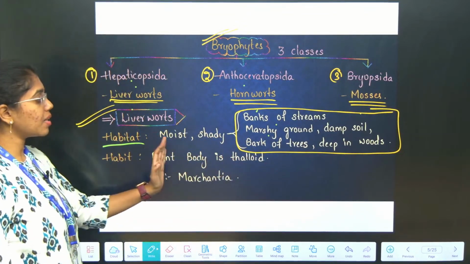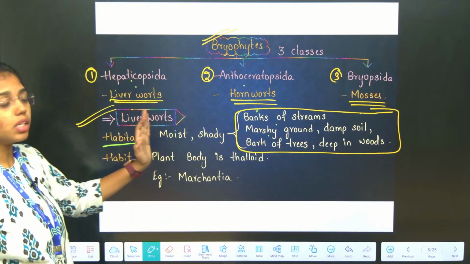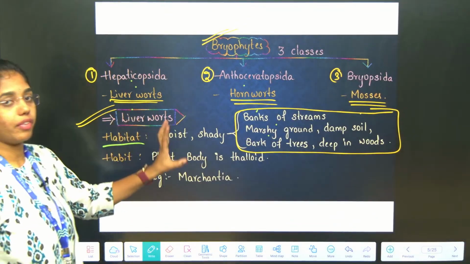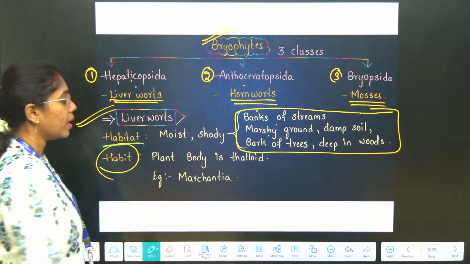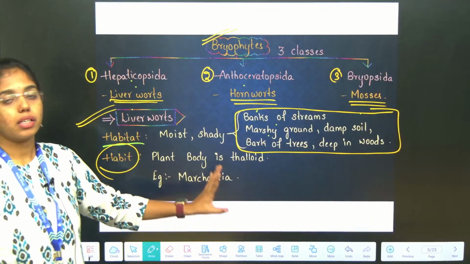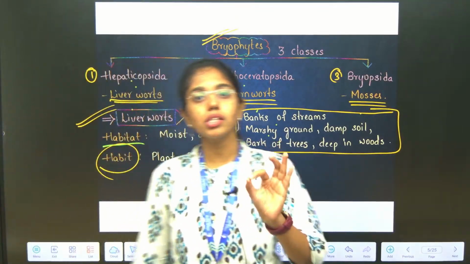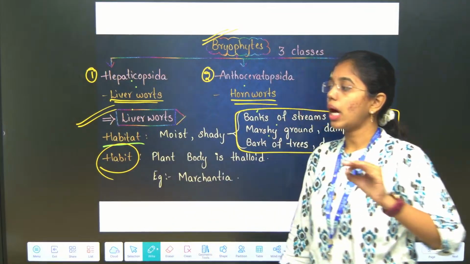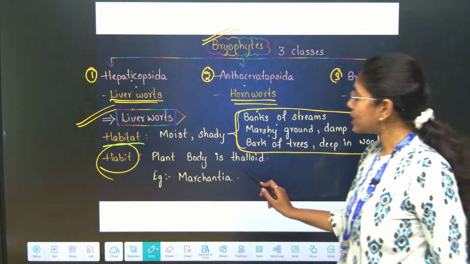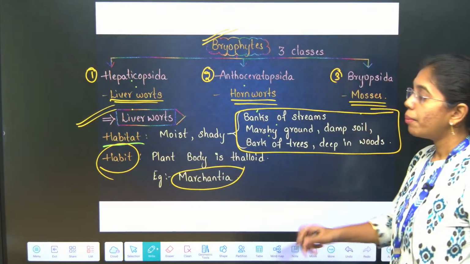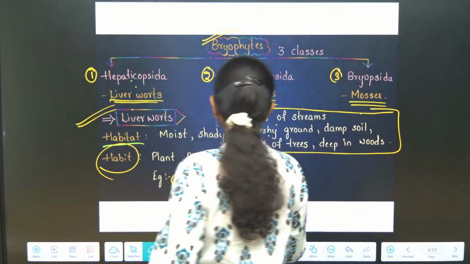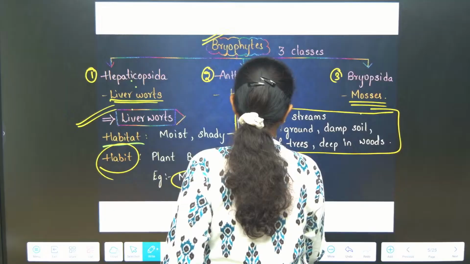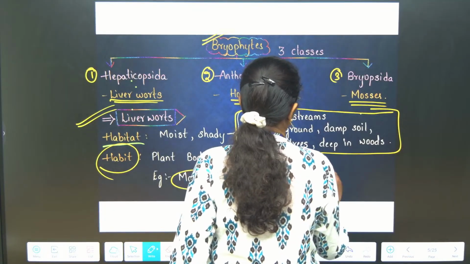Here you just remember shady and damp places are the habitats of liverworts. Next, habit. The plant body is thalloid, just a thalloid plant body which is little differentiated when compared to algae. That's it. The best example is Marchantia, but you can also take examples like Riccia and Porella.